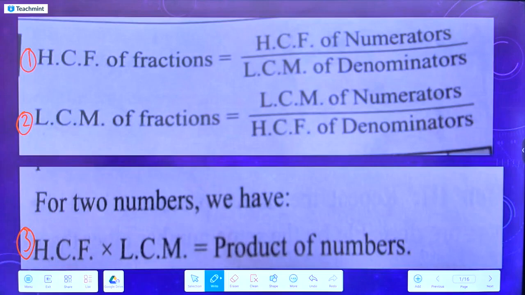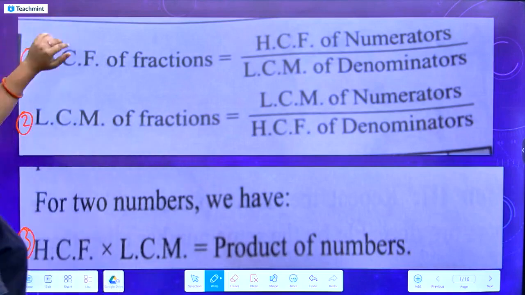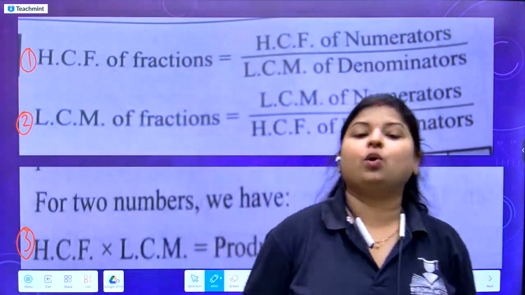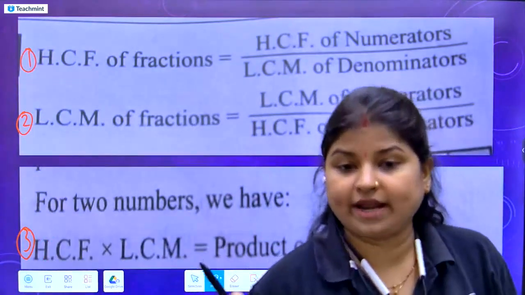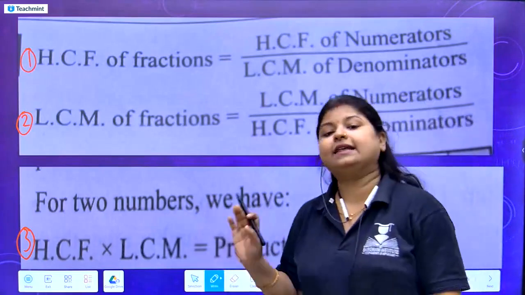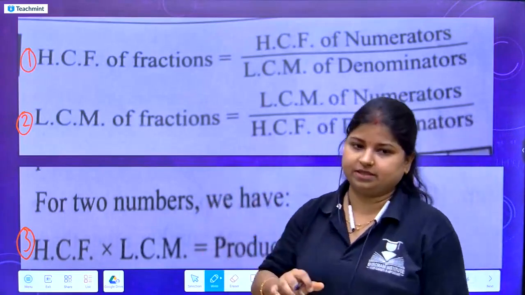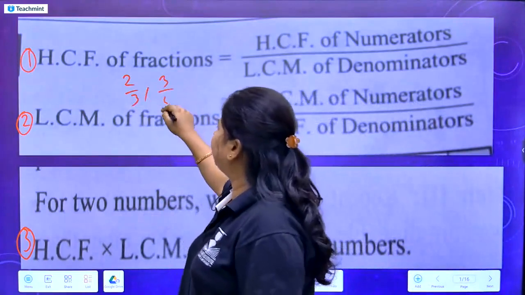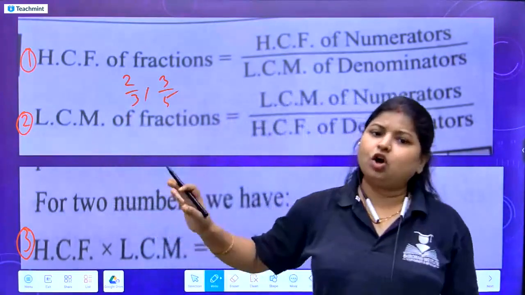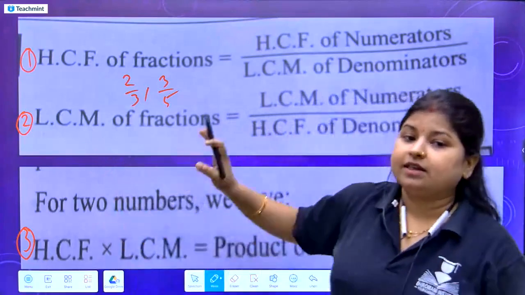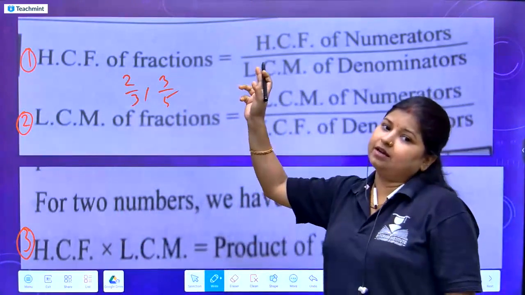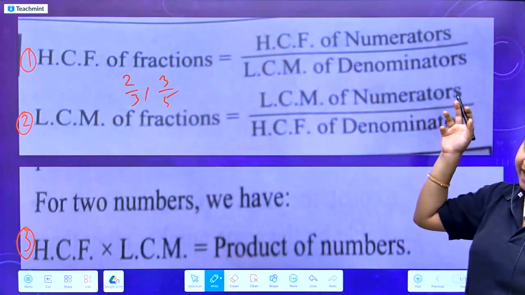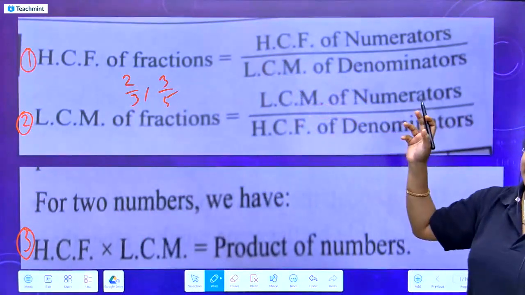Okay, see. The first formula is HCF of fractions. Suppose you are asked to calculate the HCF and the numbers are not whole numbers. They are numbers like 2 by 3, 3 by 5, any such fraction. In such a case, the HCF would be the HCF of numerators divided by the LCM of denominators.